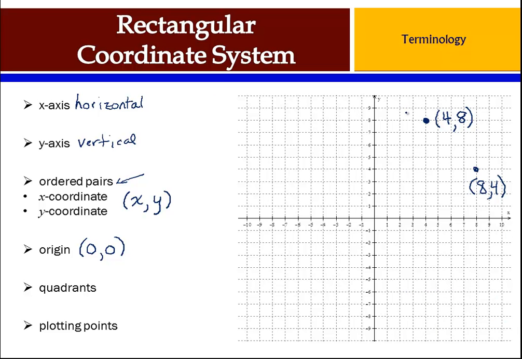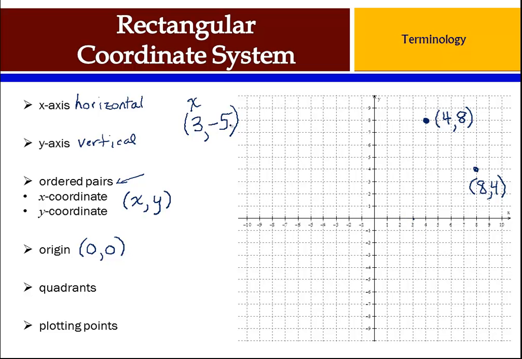So in order to plot a point, you can see what I did here. You take the first coordinate located on the x-axis, take the second coordinate located on the y-axis, and then you can find your point. So if I want to plot the point (3, -5), my x-coordinate is 3, so I will go over to 3 on the x-axis.